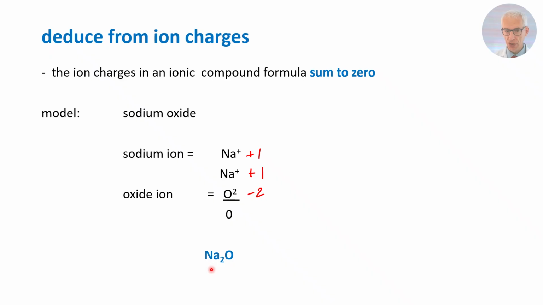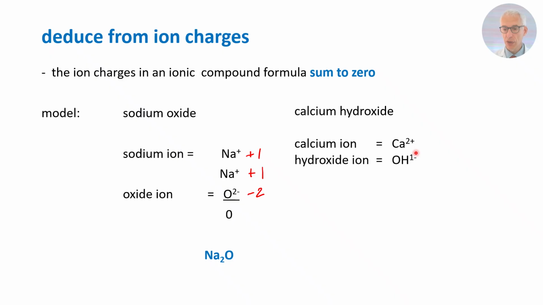I'll do another example. Calcium hydroxide. Calcium is a 2+ ion, it's in group 2. Hydroxide OH is a 1- ion. I need 2 hydroxides to sum to 0. +2 -1 -1 sums to 0. So we write that as a formula, 1 calcium, 2 hydroxides.